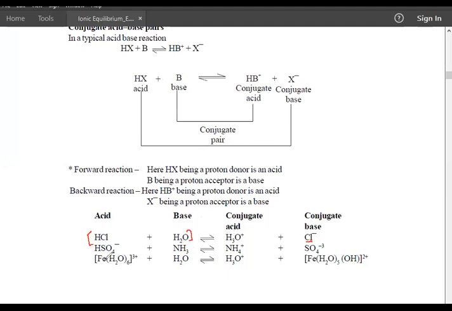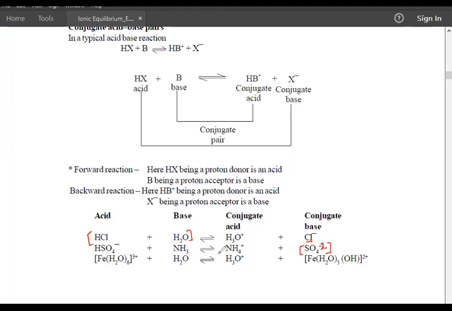In the same way, HSO4 minus after releasing H plus will form SO4 2 minus. There's a mistake, it is SO4 2 minus actually. Now, NH3 after accepting H plus will form NH4 plus. So the base after accepting H plus will become a conjugate acid, and the acid after removing H plus will become a conjugate base.